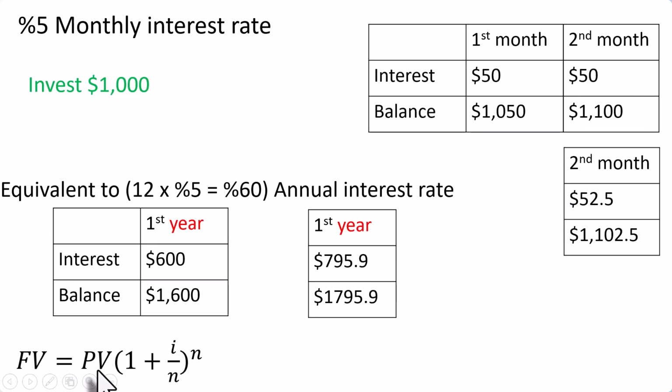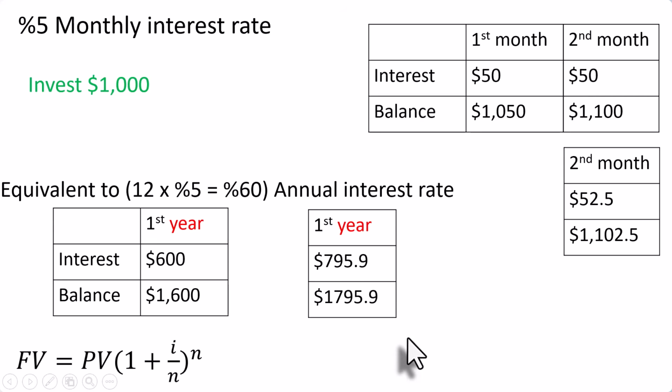My present value is $1,000. That's my initial investment. i is my annual interest rate, which is 60%. But when you want to fill in this formula, you have to go with 0.6, which is equivalent to 60%. And your n is 12 because you have 12 months or 12 compounding periods.